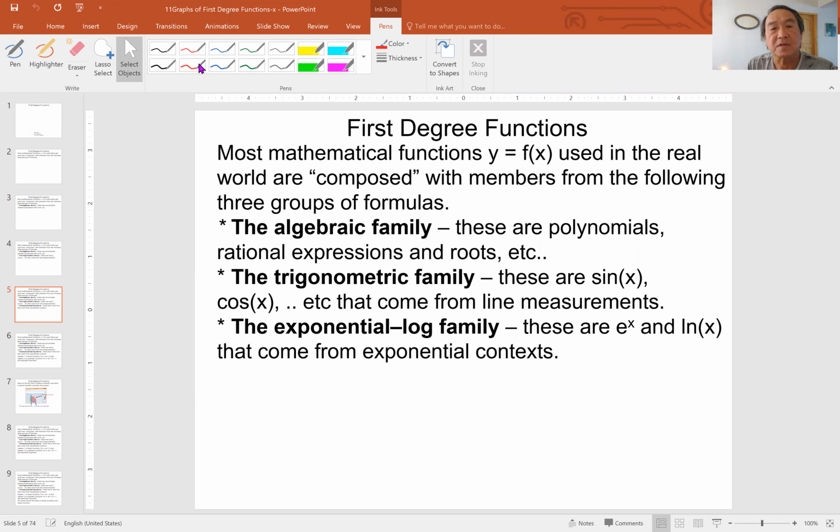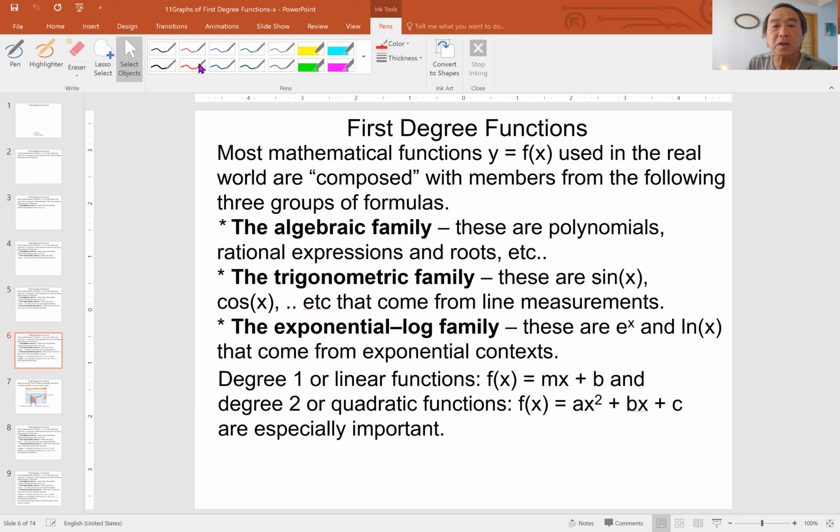And of course, then we have log and exponential functions. Basically, in mathematics, we have these three families of functions, and then we compose one with another and add and do all the operations to make up most of the formulas you see in calculus books.